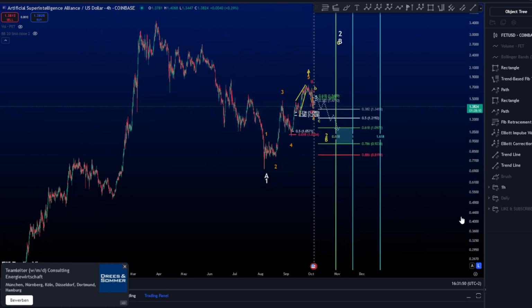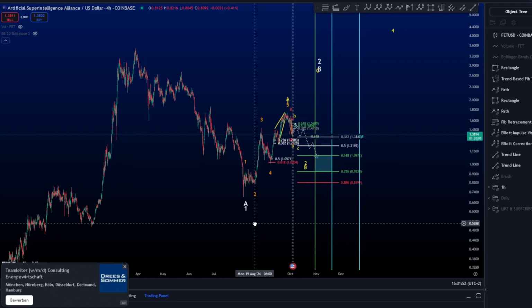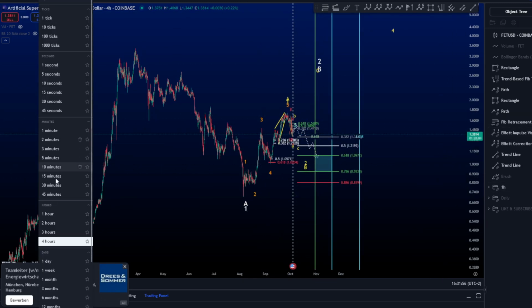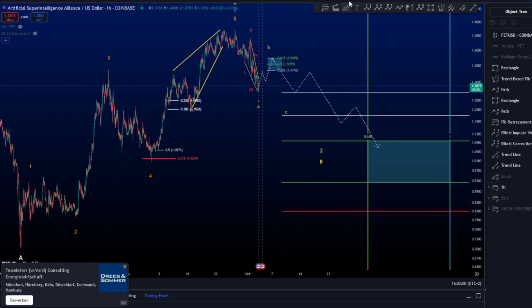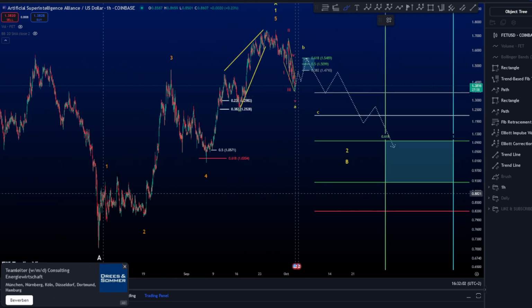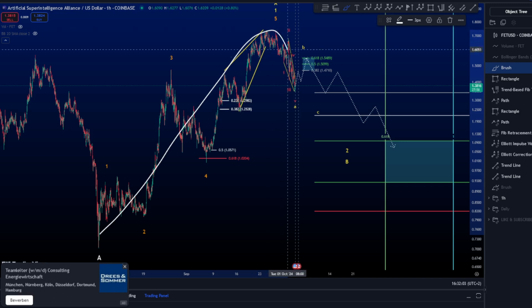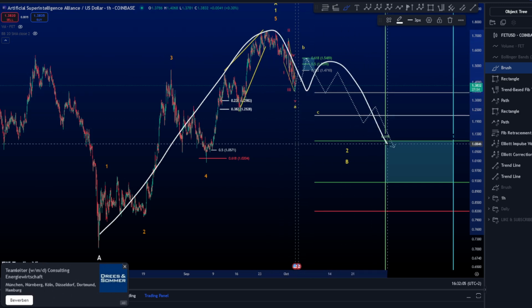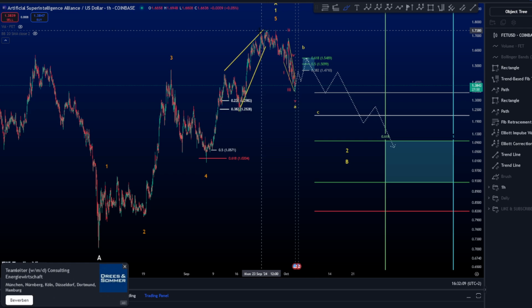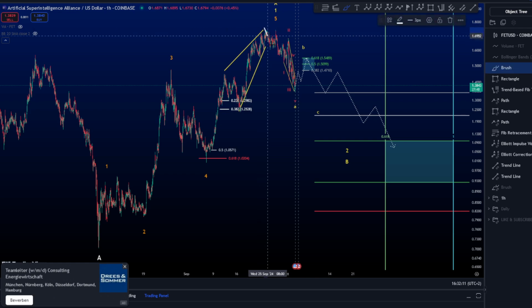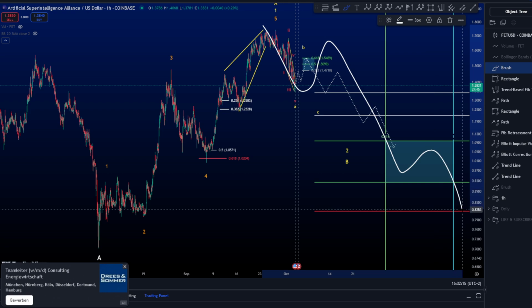So basically that's it for FET, and we're gonna take it from there, right? So far now we are looking for lower prices. This is the highest possibility, of course. Now, even after looking at an impulse, we are looking now for a correction. And as ABC, of course, it is low possibility that we might see a 1, 2, 3, 4, 5 here.